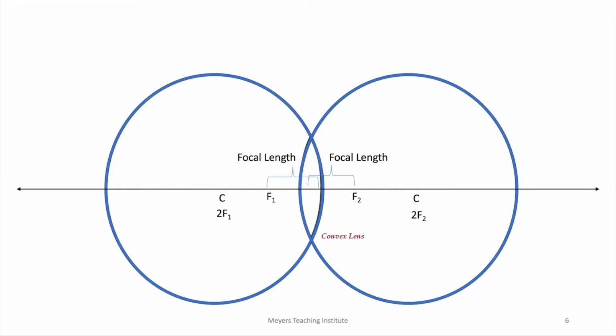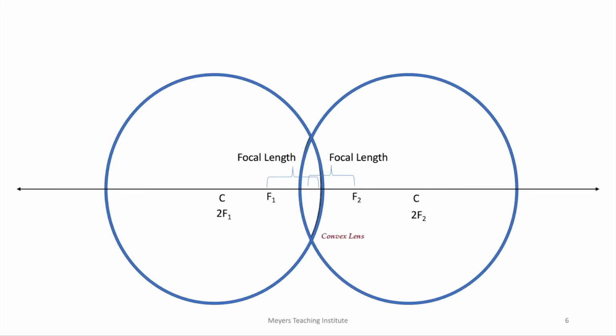Now, since the radius is double of it, we could regard this point C, the center of curvature, as 2F1, that is twice F1, and 2F2 for its respective circles. And therefore, all the ray diagrams involve the labelings as 2F1, F1, F2, and 2F2.